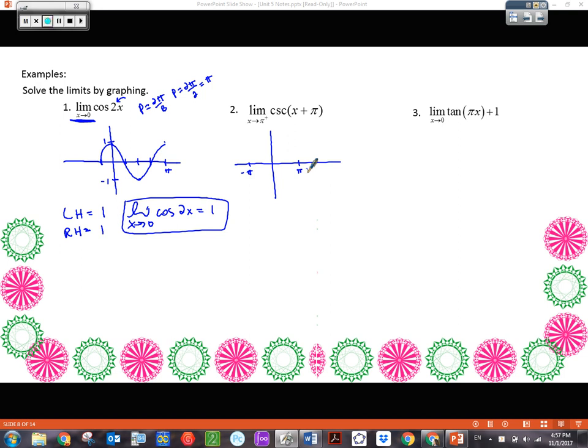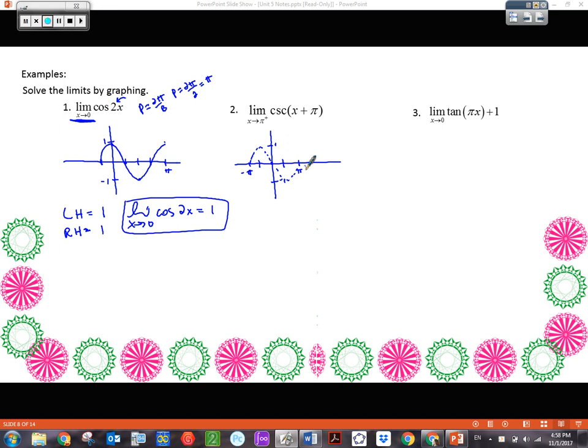Let's remember cosecant is the reciprocal of sine. Okay, so up 1 and down 1. So sine would have started here. Remember how we used to draw the shadow, the little shadow sine, so we know how to create cosecant. So the little shadow sine would look like this, right? It would go up like this and down.